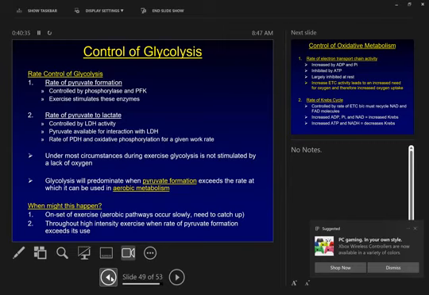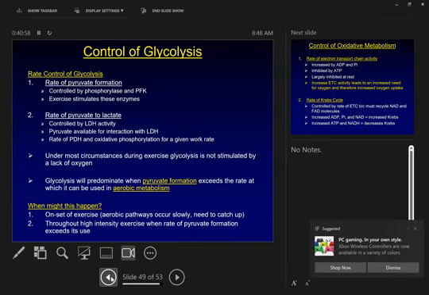Okay. The other time when this is going to be a bit of a problem is when you do high intensity exercise. There's so much pyruvate being made that it's going to exceed the capacity of PDH to put it into the mitochondria.